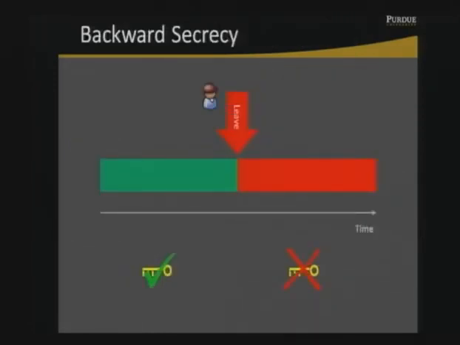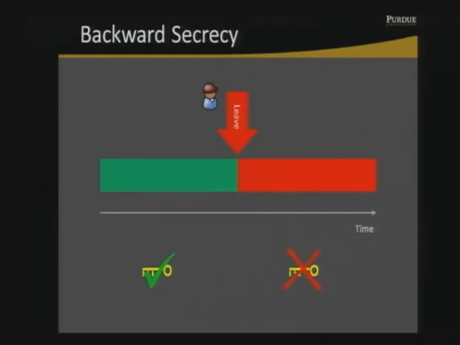So now I will present you three key concepts that most group key management schemes provide. The first one is backward secrecy. Usually most systems provide backward secrecy. What it means is, when a user leaves, say for example the company, we don't want that user to access the content published after that.